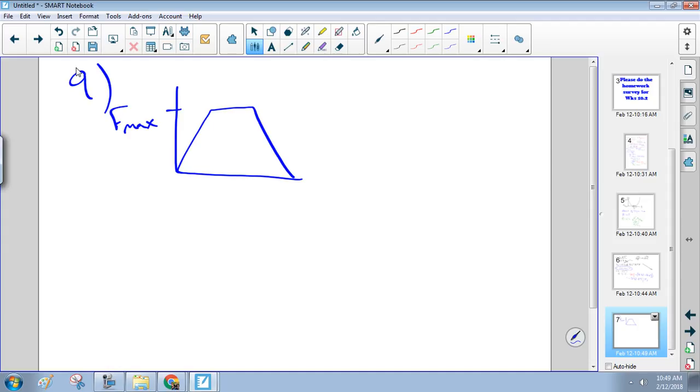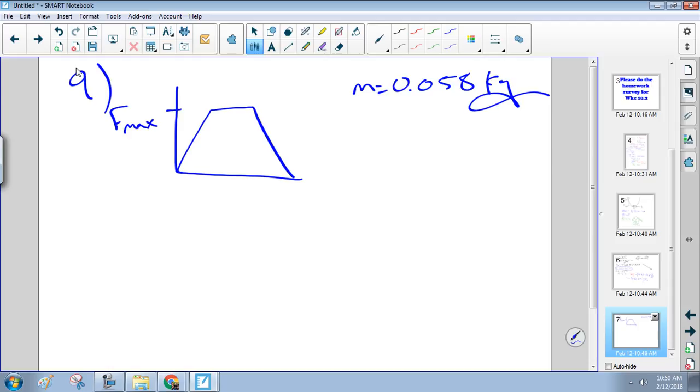Yes? Okay. All right. So the graph shows an approximate plot of force magnitude F versus time during the collision of a 0.058 kilogram superball. Don't forget to convert grams to kilograms.